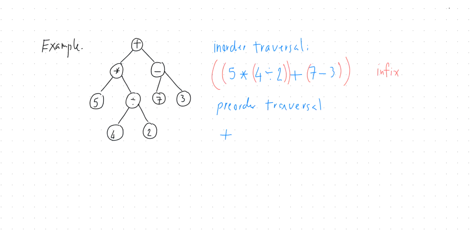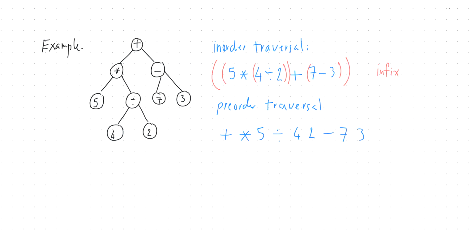First we do the root, so times, and then we go left, 5. Then we go right, we have division, and then we have 4 and 2. Now we are done completely with the left subtree, so we go right. We first write the root, then the left, and then the right subtree.